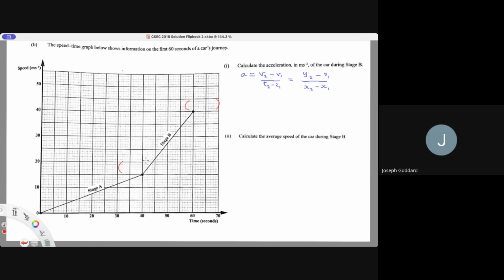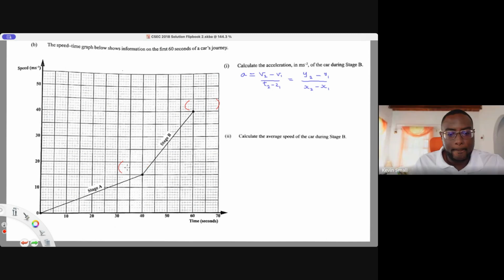These points here are usually points that are given in the question. You could choose other points, but use the points that are given in the question. I just want the coordinates of these 2 points. Tell me them quickly or put them in the chat for me. You gotta read it as X and Y.